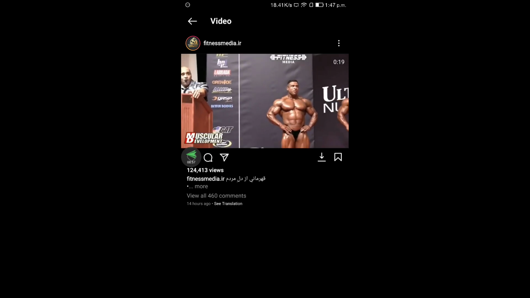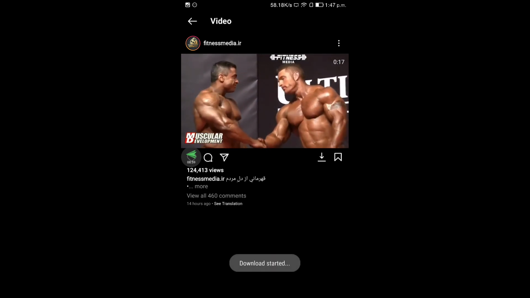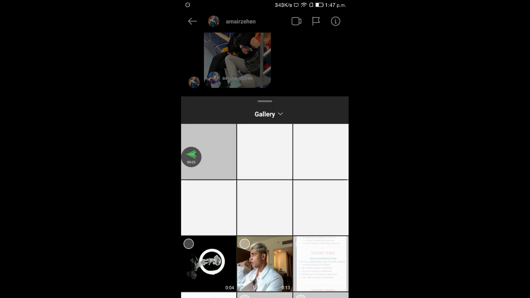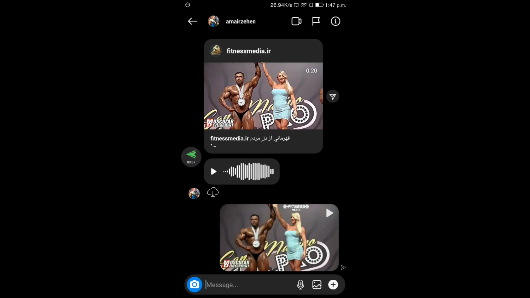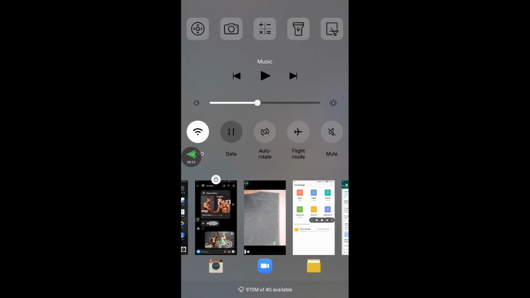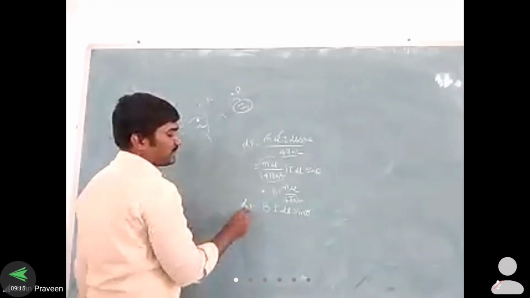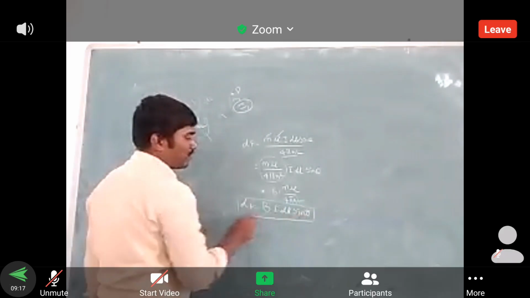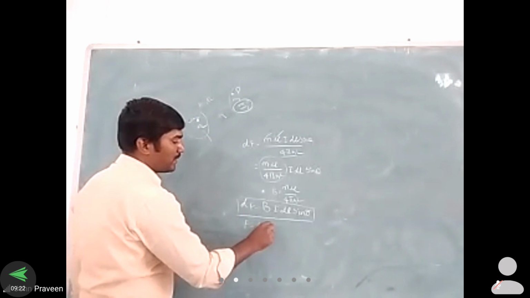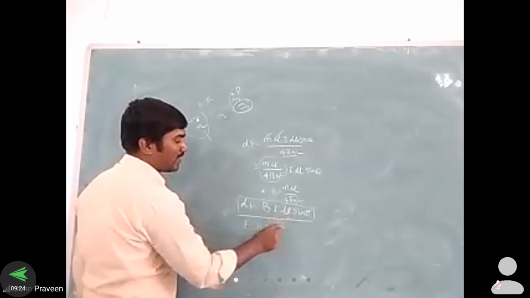We take b is equal to m mu by 4 pi r square. So dF is equal to b I dl sin theta. This is for the small portion, but for the total portion, F is equal to b I times the total length. This is a small length, L is the total length.